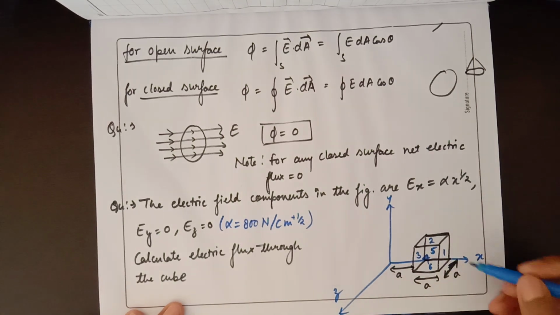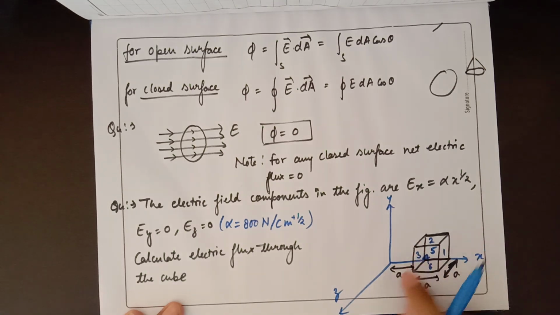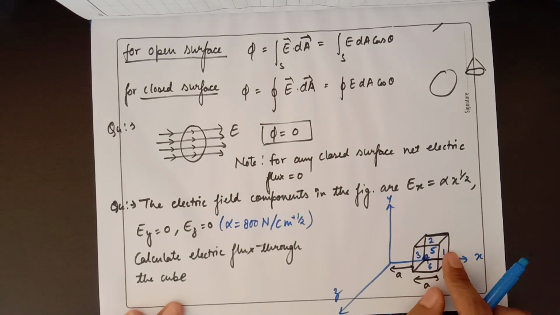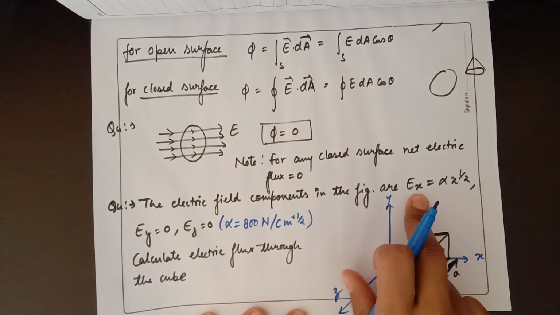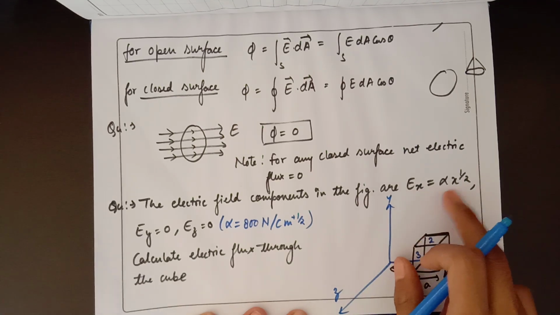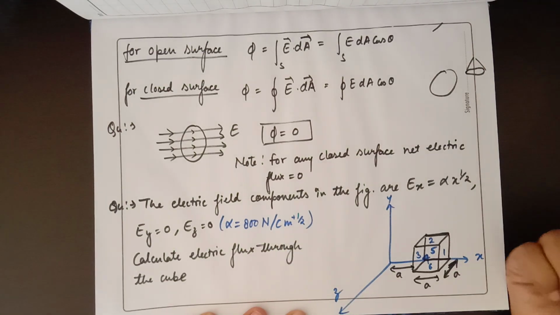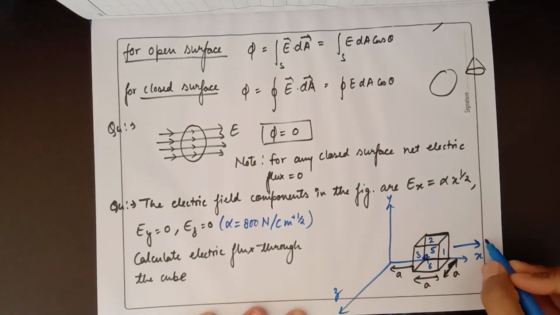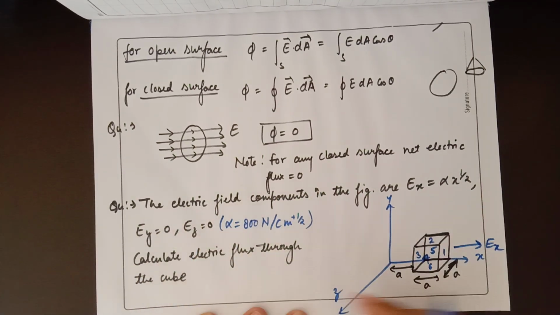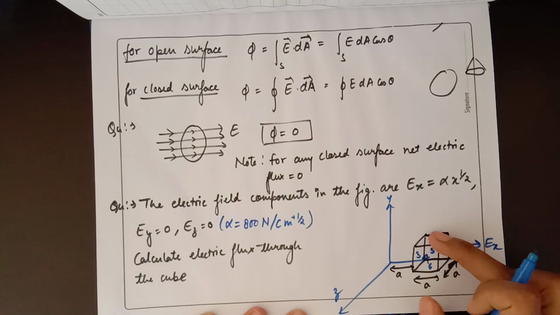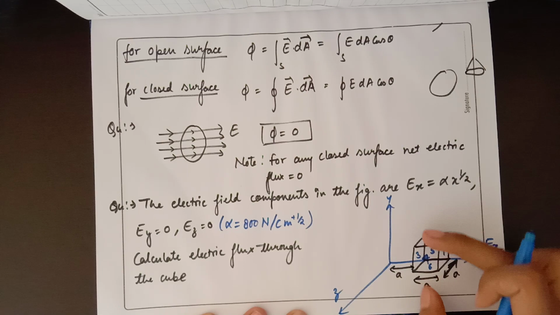And you can see, if I see face number 1 and face number 3, these two faces are normal to the E vector. It is written here that Ex is equal to alpha x raised to power half, meaning E is in this direction. I can say this is my Ex, and it is already given that the Ey and Ez components are 0, so we consider the flux through 2 and 6 and the flux through 4 and 5.